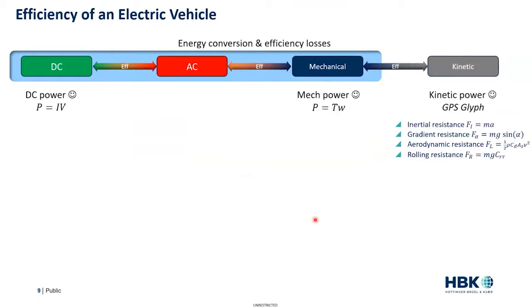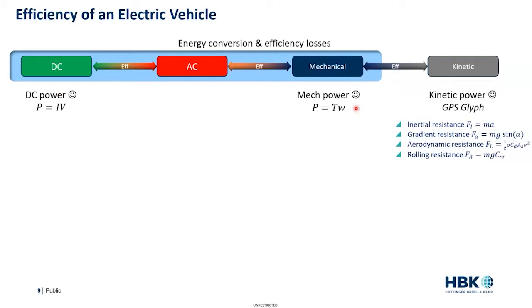And if we look at this, some of them are really easy, aren't they? So DC, for instance, power is just voltage times current. So that's quite simple. And mechanical power as well. It's hard to measure, but we can do that with the HBM transducer. And then if we take the torque multiplied by the shaft speed, that gives us the mechanical power. So we've got mechanical power out of the motor, mechanical power out of the gearbox at the end.